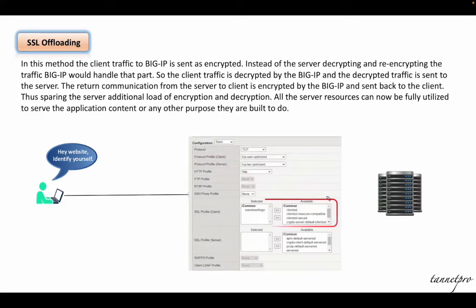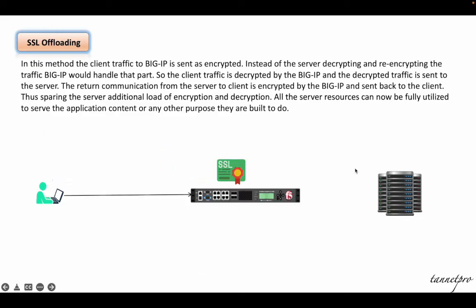One thing I want to highlight here is that in SSL offload you have to configure the client certificate only in the F5 portion. This portion you need to configure only the SSL profile in the SSL offloading configuration, right?